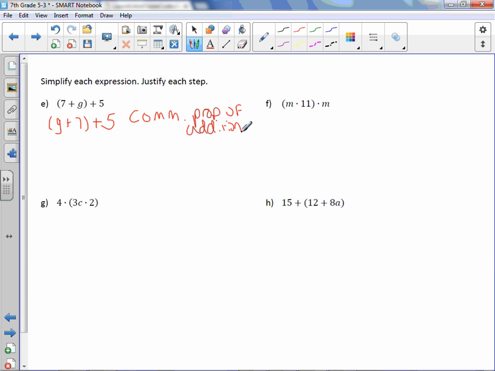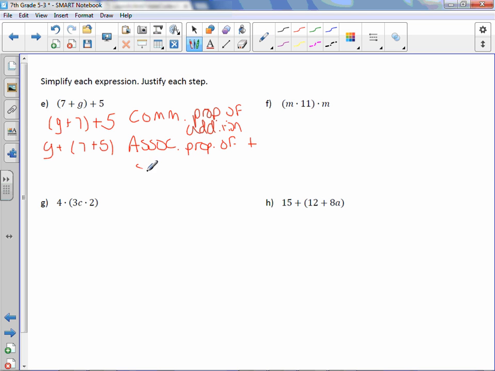Then what I could do is change the grouping. Again, because it's all addition, G plus, I can group 7 plus 5 together, which would be the associative property also of addition. And I'm going to abbreviate for lack of space.